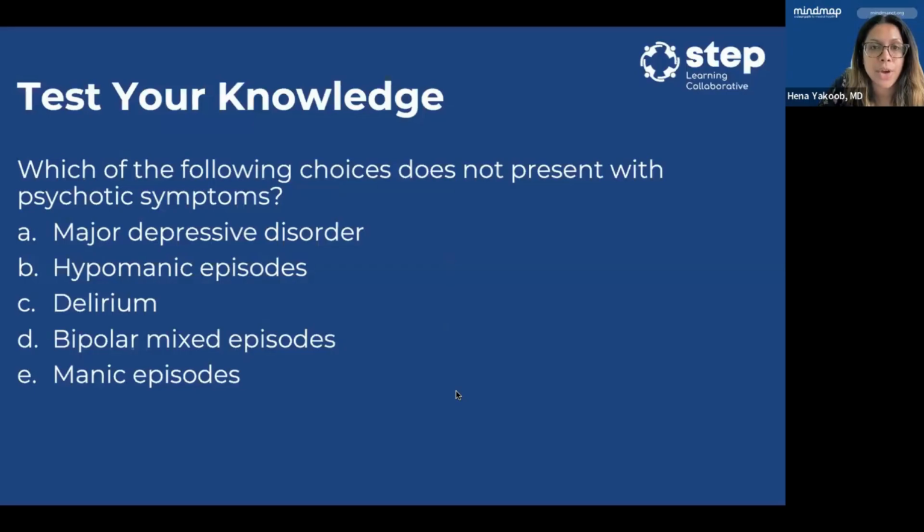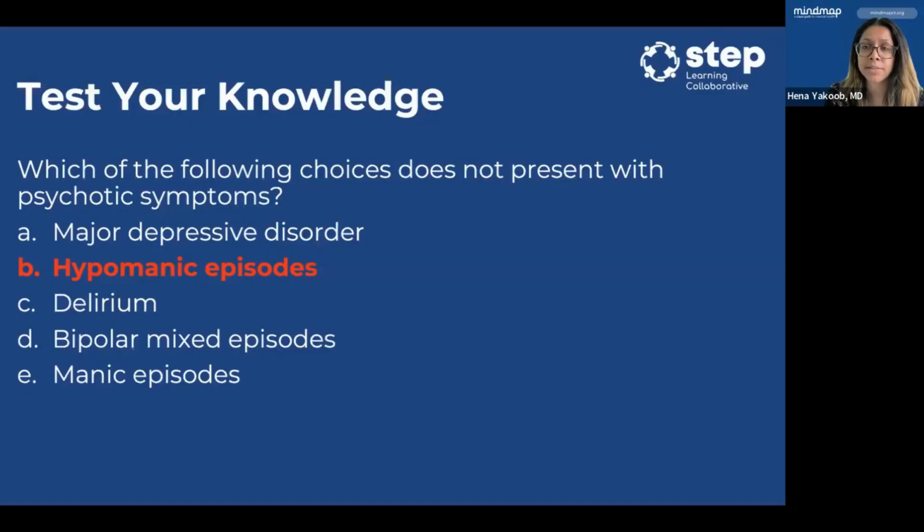Awesome. So the correct answer here is actually hypomanic episodes, choice B. According to the DSM-5 and what we know clinically about hypomania, hypomania is not associated with any psychotic features.